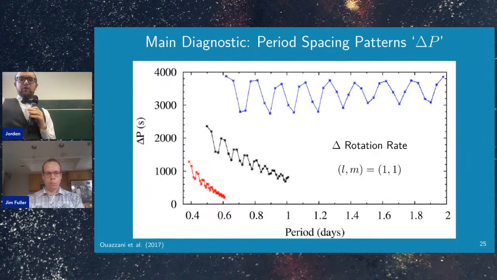For a non-rotating star, one might obtain a pattern that looks like this blue pattern. And if we crank up the rotation, the pattern shortens, and it also gets tilted more and more.